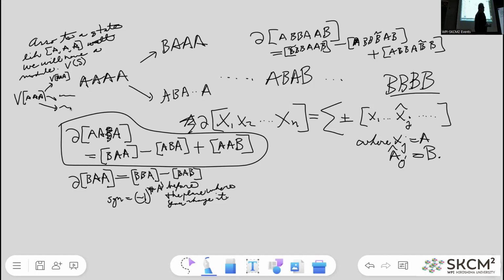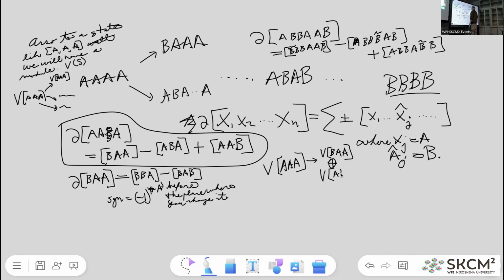And so then what you're going to have is the module for the AAA going into the direct sum of the modules BAA, ABA, and AAB.